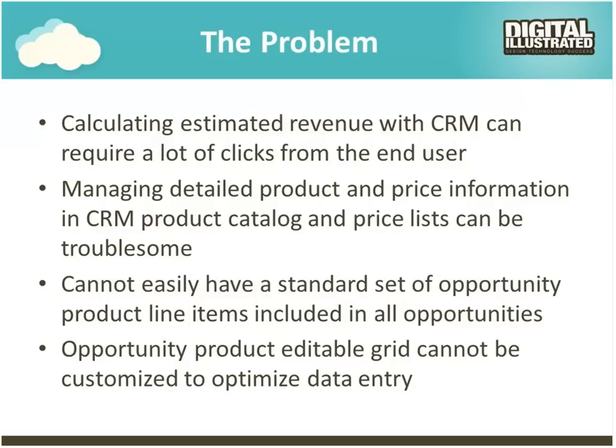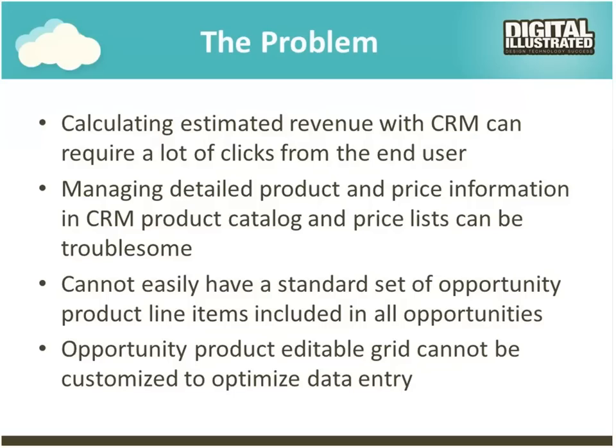So it's not easy to edit the pricing of opportunity line items case by case, and you also cannot very easily have a standard set of product line items that you always sell on a particular type of opportunity.